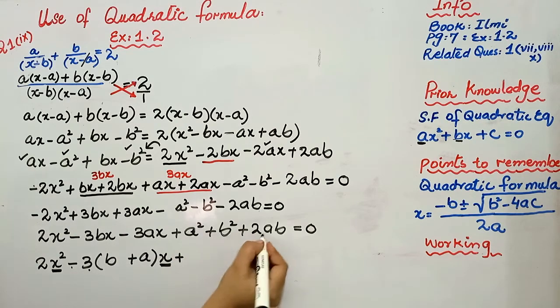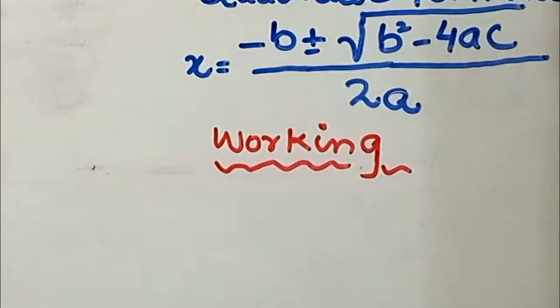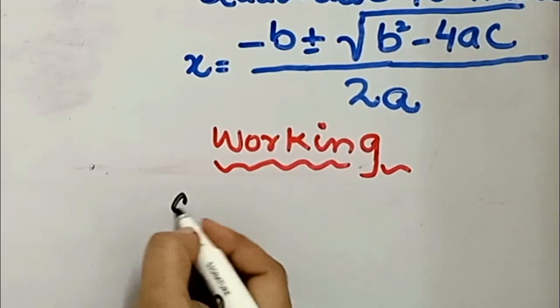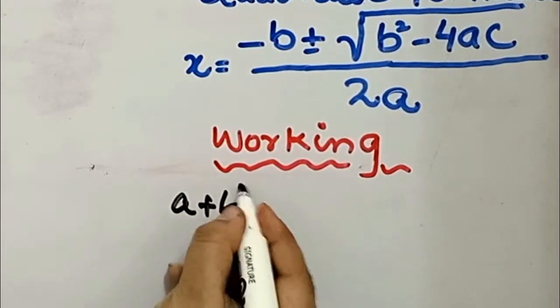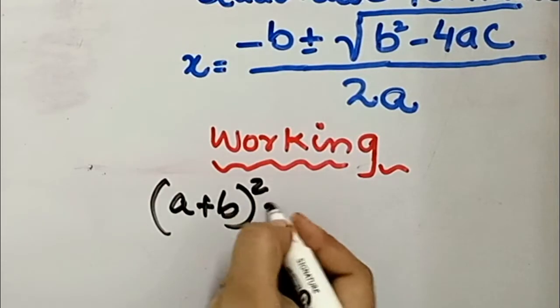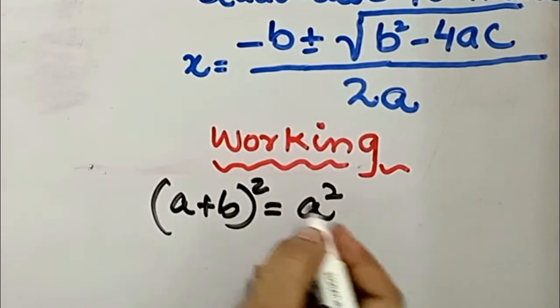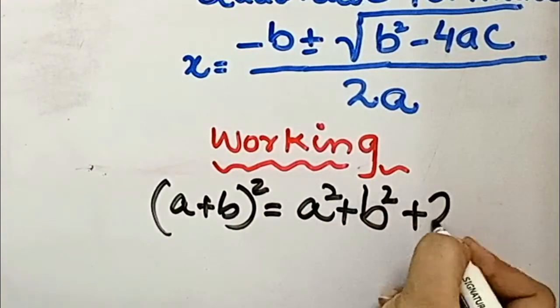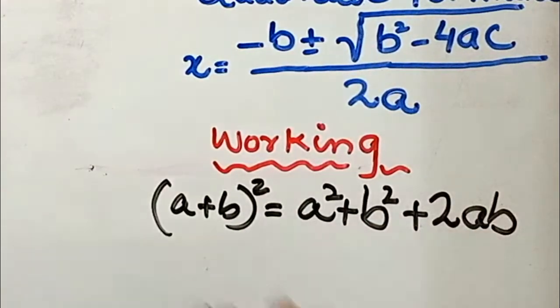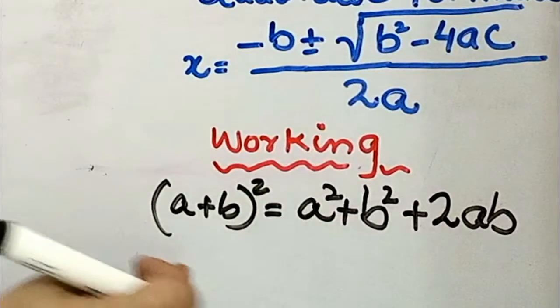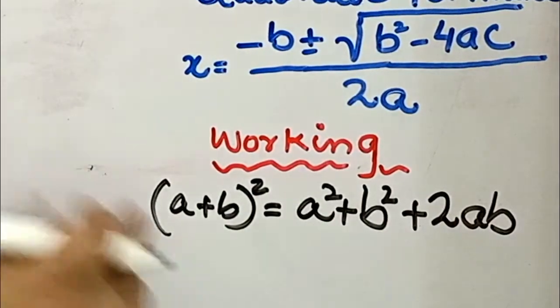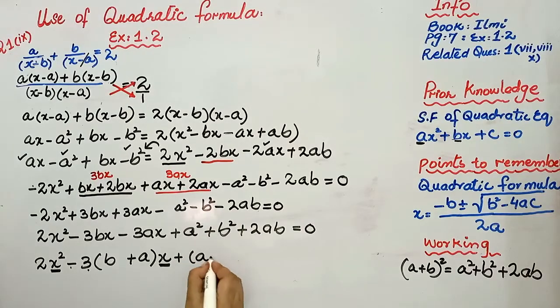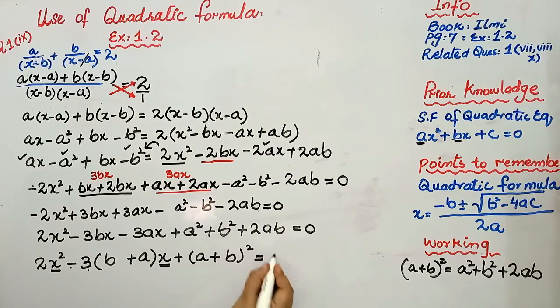A square plus b square plus 2ab is what? A plus b whole square is equal to a square plus b square plus 2ab. So this is the open form. I need to close it. So it will be a plus b whole square.